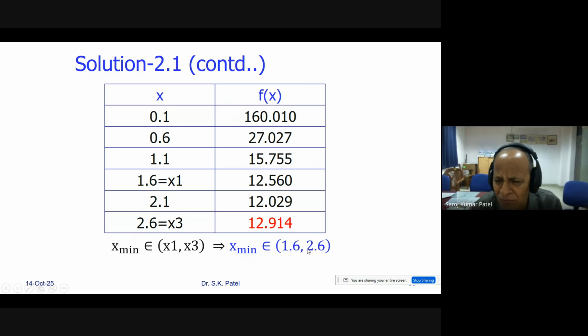And if this interval is less and less, we say the result is more and more accurate. If you can further reduce this interval, then we can say the result is more accurate than this. So we'll use another method in the second stage, starting from this interval, and we'll further reduce it.